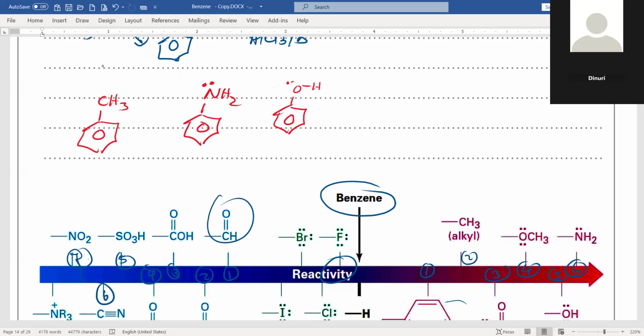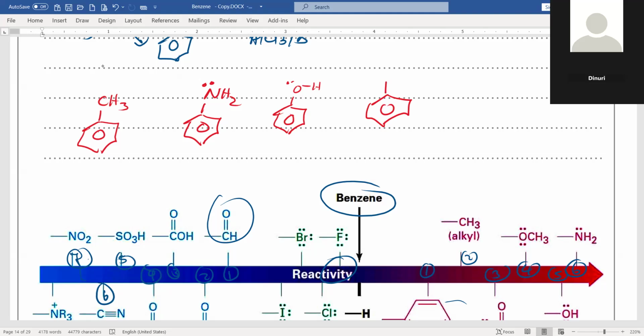Then there are some other cases where it may not have the lone pairs, or it may not be such an alkyl group, but still there may be some groups like this.